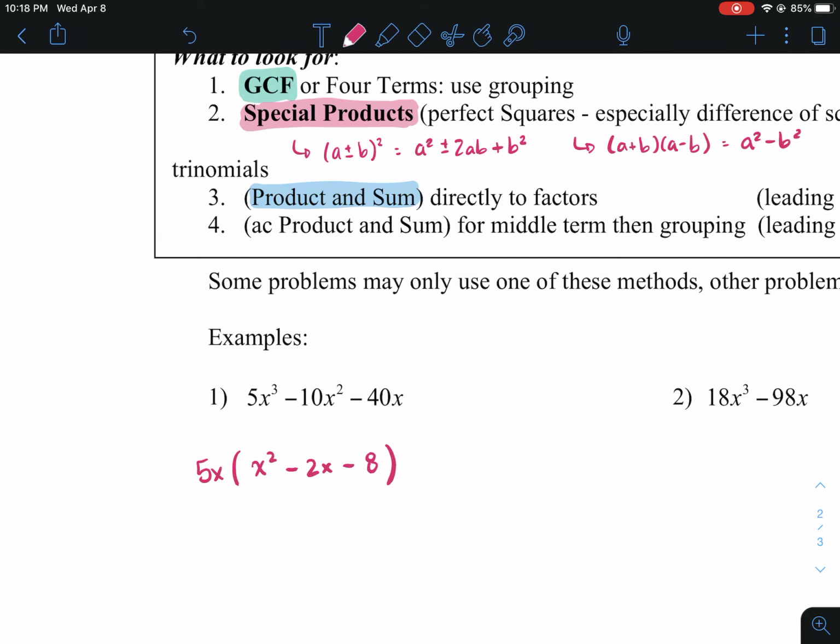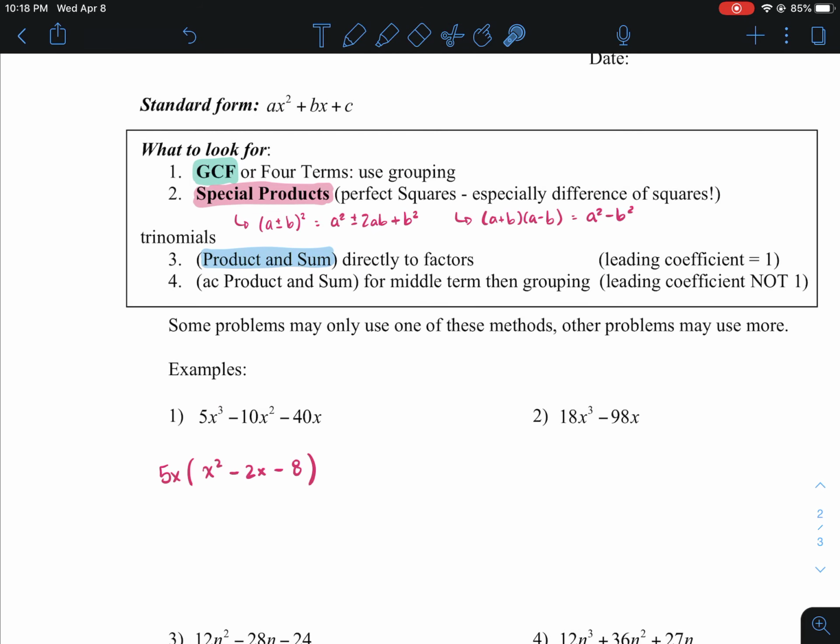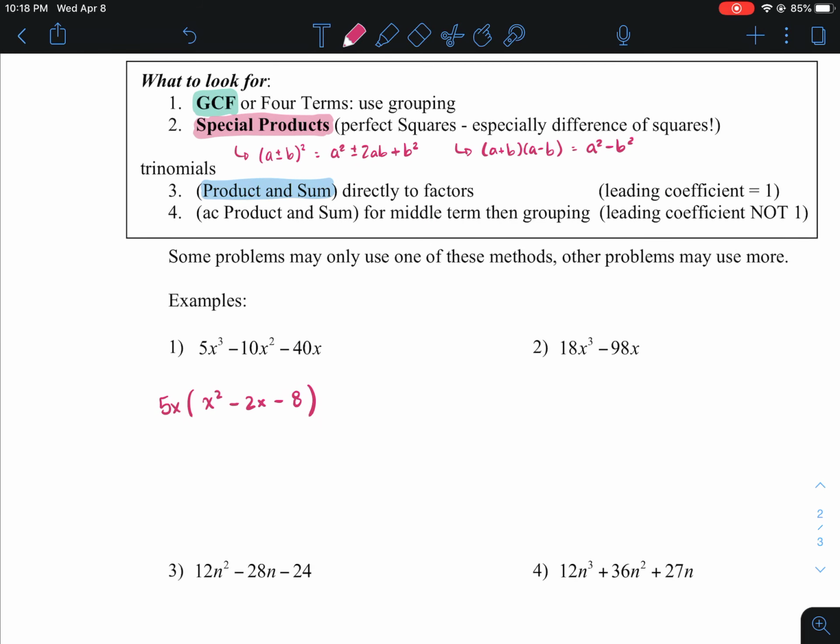And so then we go down the line, right? This is not going to be a perfect square, because the 8 is not a perfect square. And we have a leading coefficient of 1, so we're looking for a product of negative 8 and a sum of negative 2, right?